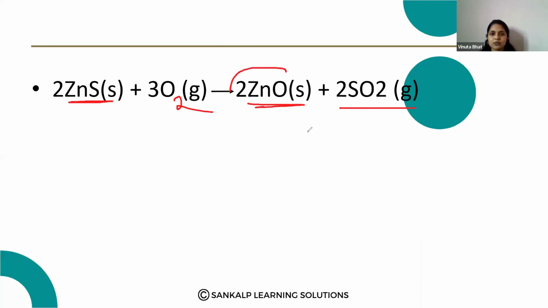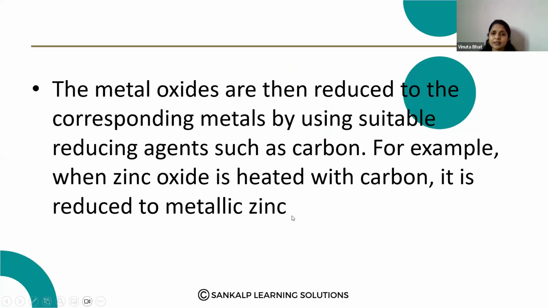So the zinc sulfide is converted into zinc oxide in the presence of oxygen when it is heated. The metal oxides are then reduced to the corresponding metals by using suitable reducing agents such as carbon.